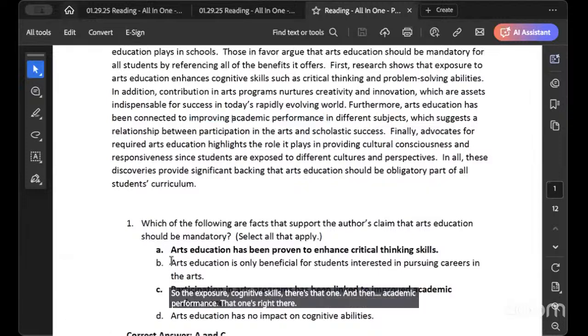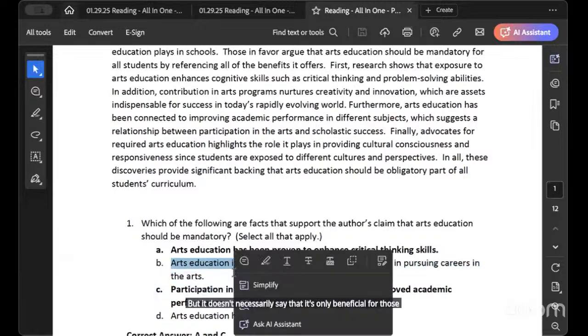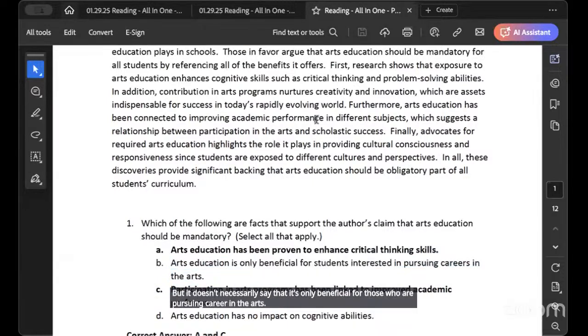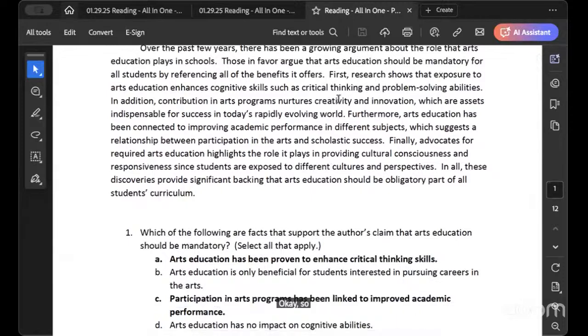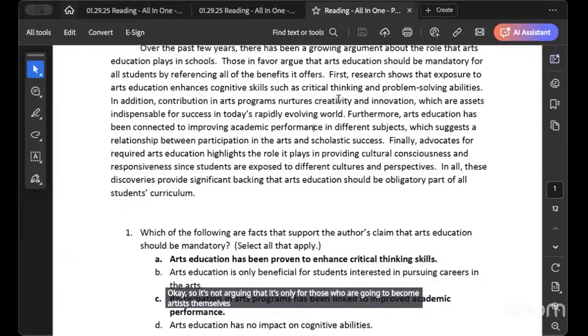But it doesn't necessarily say that it's only beneficial for those who are pursuing a career in the arts. It's not arguing that it's only for those who are going to become artists themselves. It's talking about the role that arts education plays for students in general.